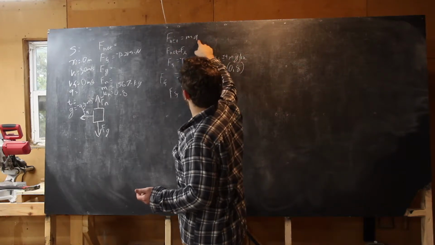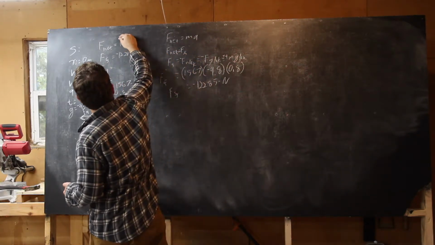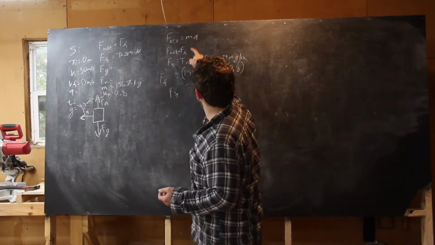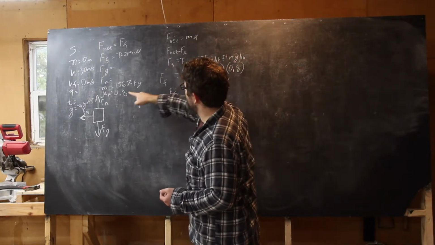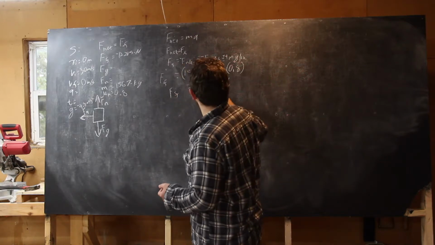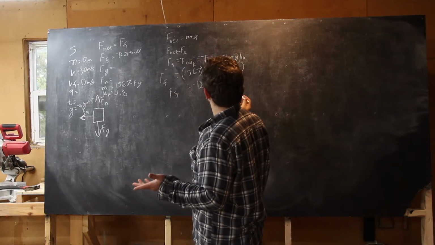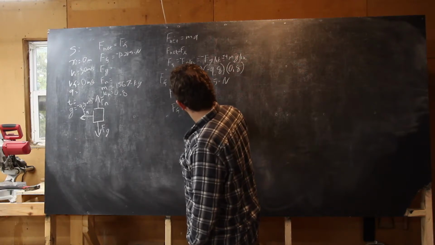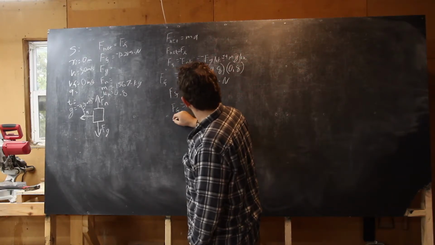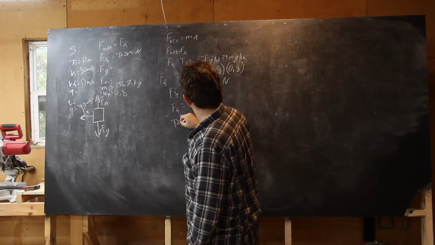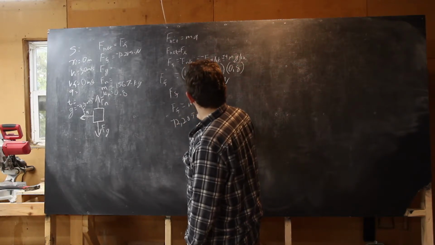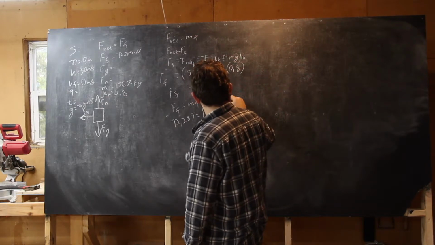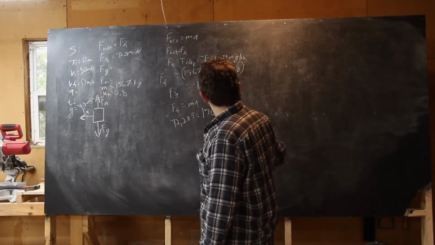So, F net equals ma. F net happens to equal force of friction in this case. So force of friction equals ma, and our mass is 1,567. So F of friction equals ma. That's negative 12,285 is equal to 1,567 a.